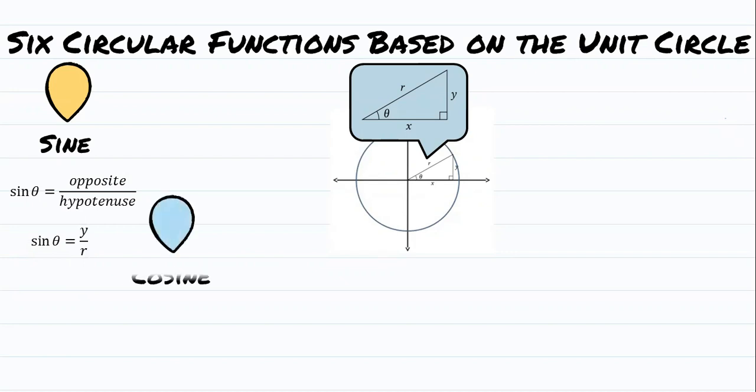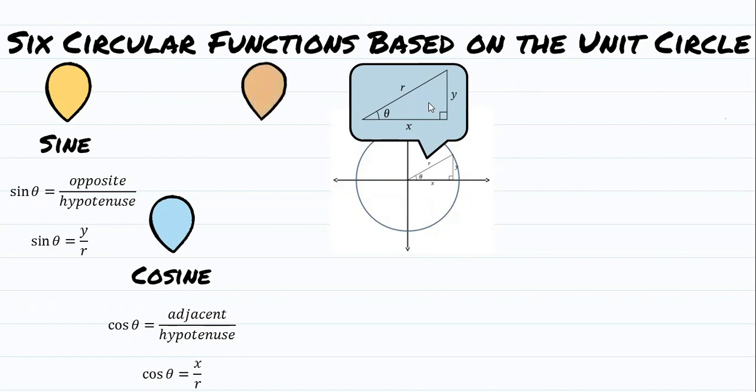Second circular function is what we call cosine. From the trigonometric identities, cosine theta is equal to adjacent over hypotenuse. Looking at the figure above, our adjacent is x and our hypotenuse is r. Therefore, cosine theta is equal to x over r.